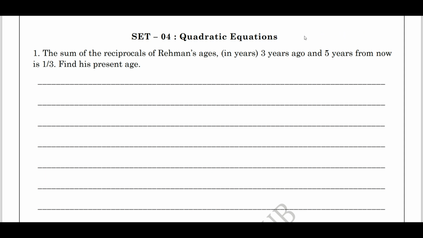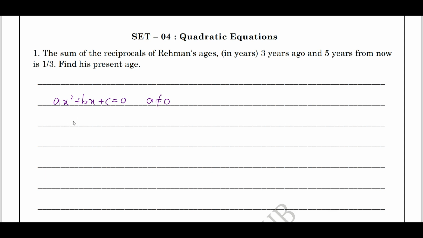Students, before solving statement problems, it is always better to list down the formulas from the unit quadratic equation. The standard form of the quadratic equation is ax square plus bx plus c equals 0, where a is not equal to 0.